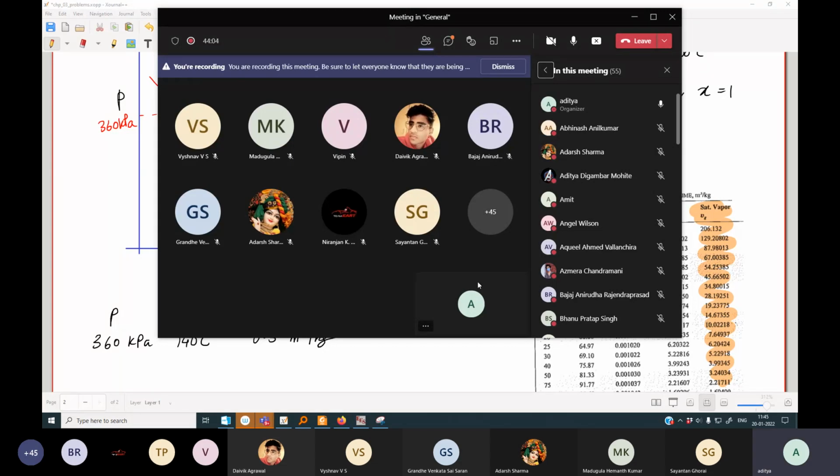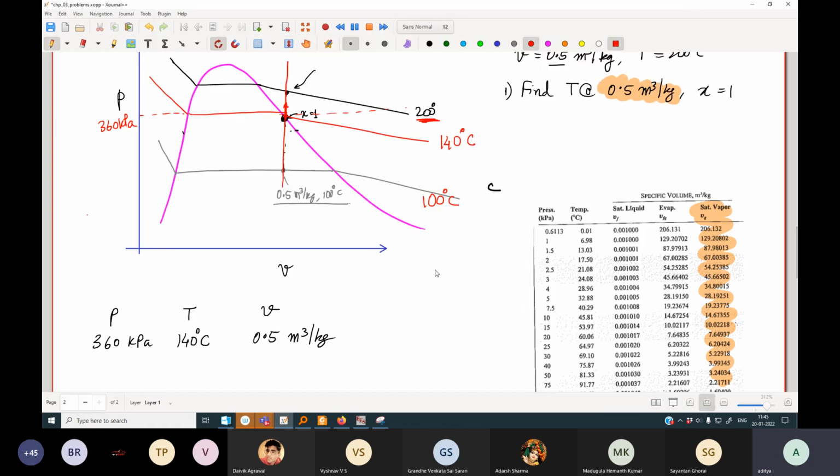Abhinash, Anil Kumar, are you there? Yes, sir. So now you tell me what we should do. We figured out that the final state is going to be in superheated vapor. So what should I do now? Step 2. We want to find out the pressure which corresponds to the final state. Literally, what should I do now?